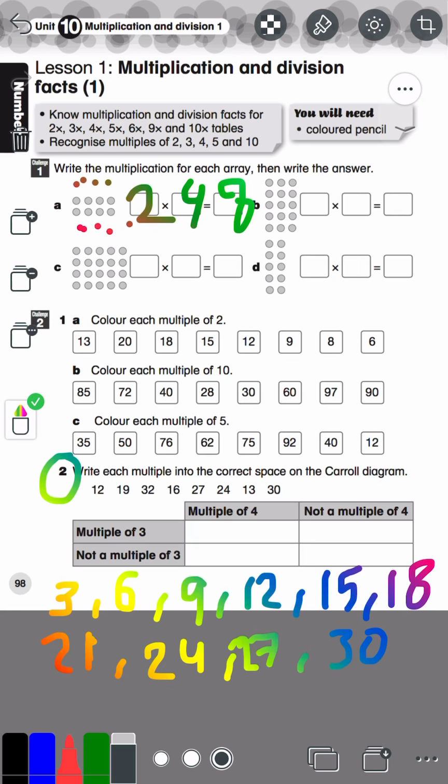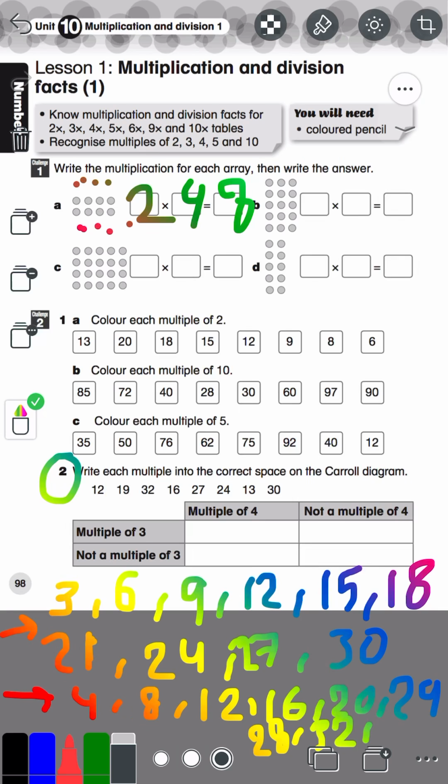Then write the multiples of 4. 4, 8, add 4 each time. 12, 16, 20, 24, 28, 32, 36, and 40.